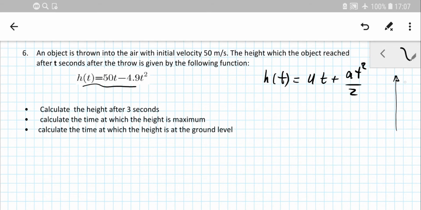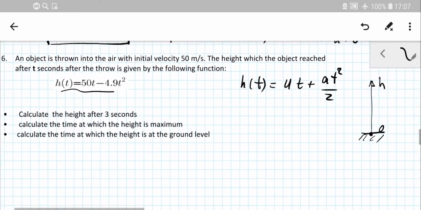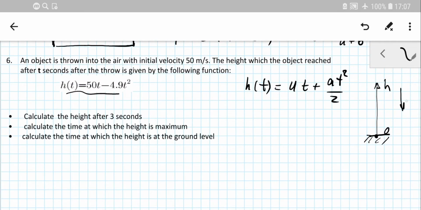If I draw a vertical height axis, and this is the ground position, the origin, you can notice that the acceleration of free fall in this case is g. So the g value is about 9.81, and in many problems you can take it as 10 meters per second squared.